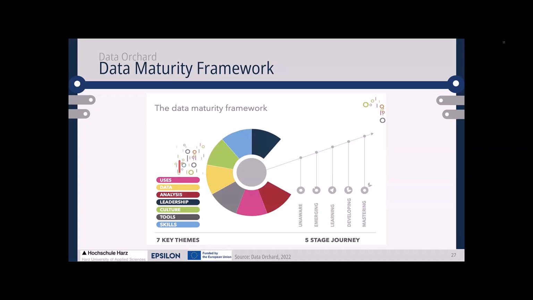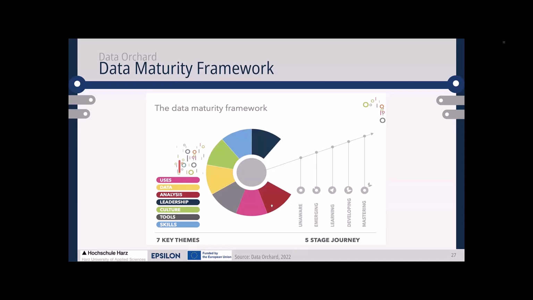And all those 7 themes are categorized into 5 different maturity stages. The initial stage is unaware, and the last stage is mastering. So this will be the ideal case. And in reality, it is something in the middle: the emerging, learning, or developing stage.